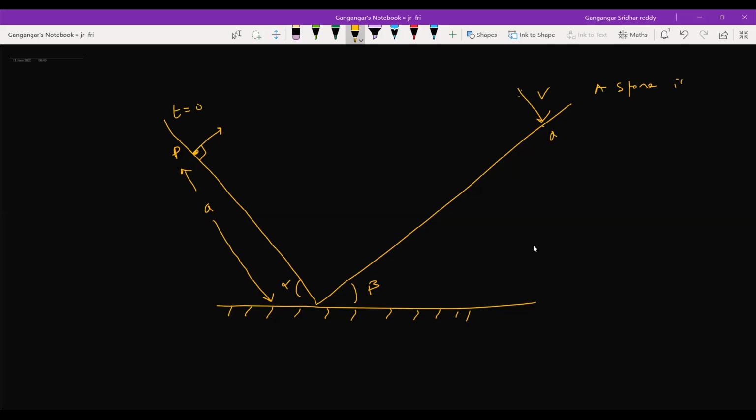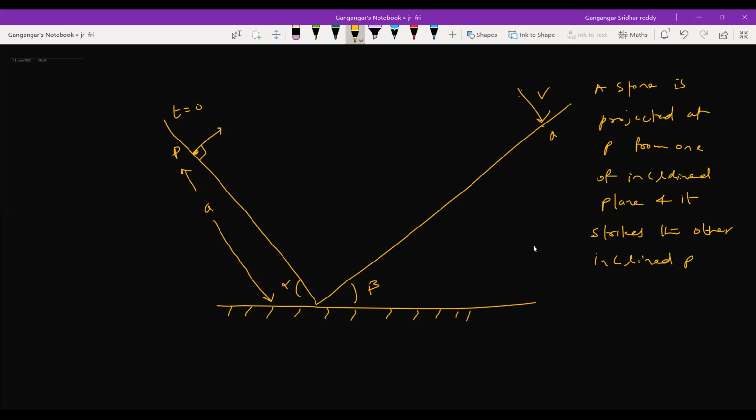A stone is projected at point P from one of the inclined planes, and it strikes the other inclined plane normally at Q. Find the time of flight where OP is equal to c.